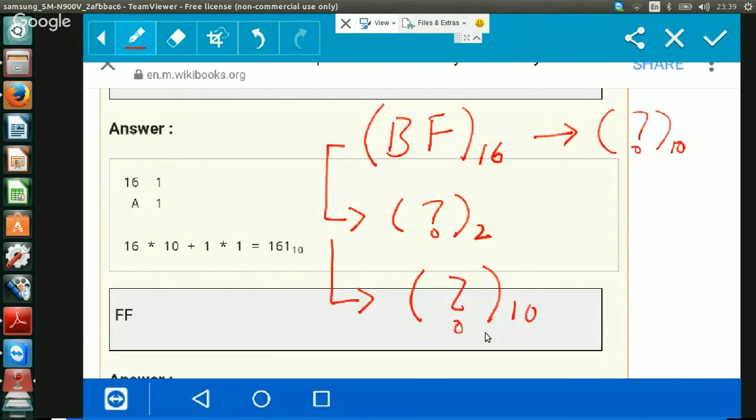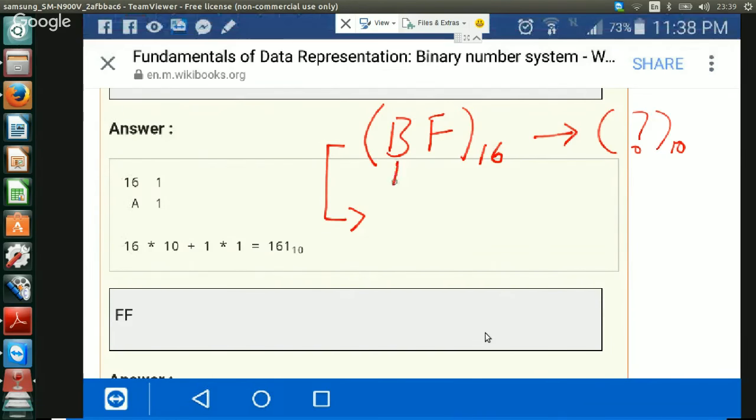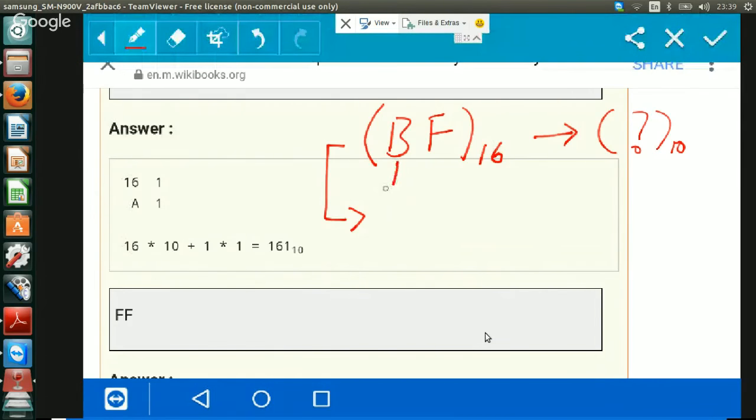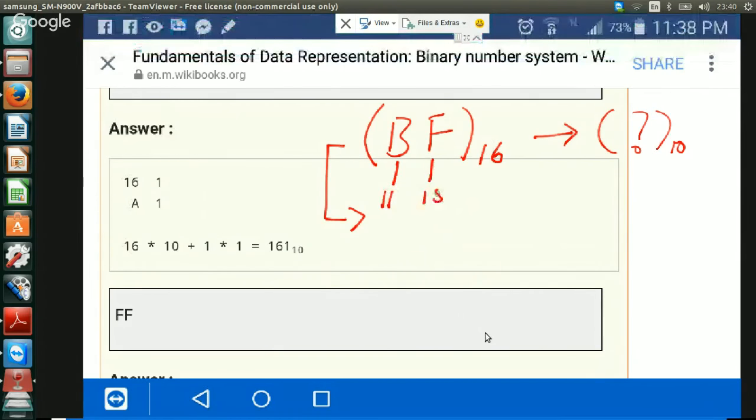This is going to give us a quick revision. Okay. How are we going to convert this number into binary? It's pretty easy. What is this B equal to? A is equal to 10, so B is equal to 11 in decimal, and this F is equal to 15 in decimal.